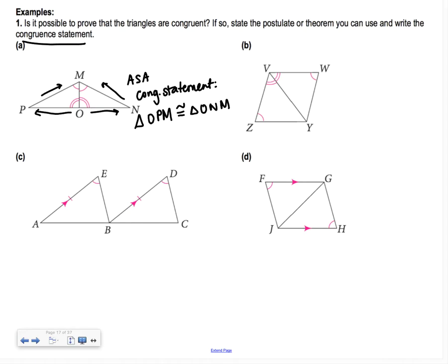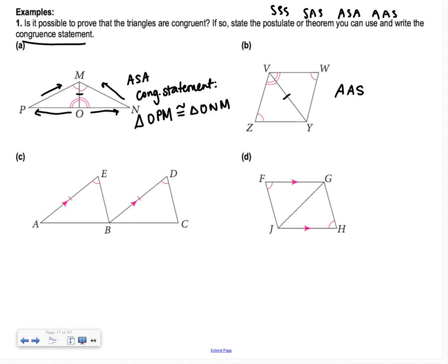On the next one, we again have a shared side. As we go around, we have an angle, and then we have a side. So this is angle, angle, side. Now some people say SAA, but really know your 4 that we know so far. So far we have side, side, side; side, angle, side; angle, side, angle; and angle, angle, side.